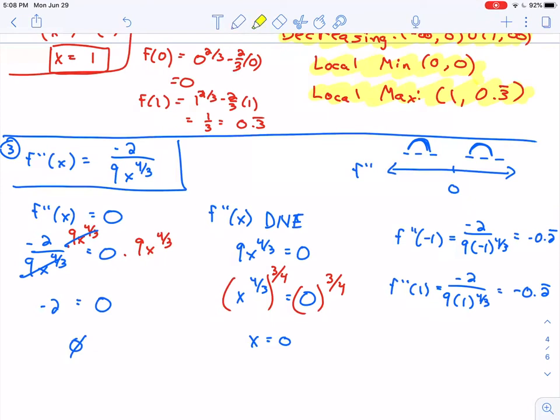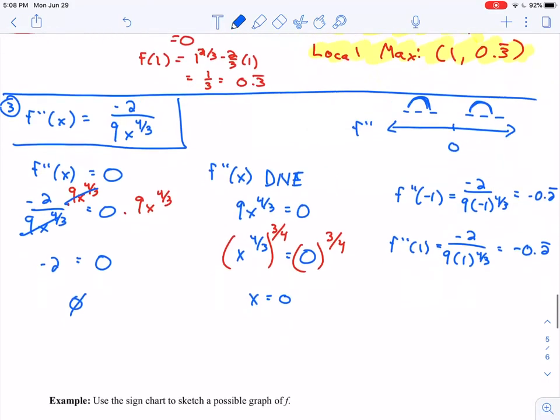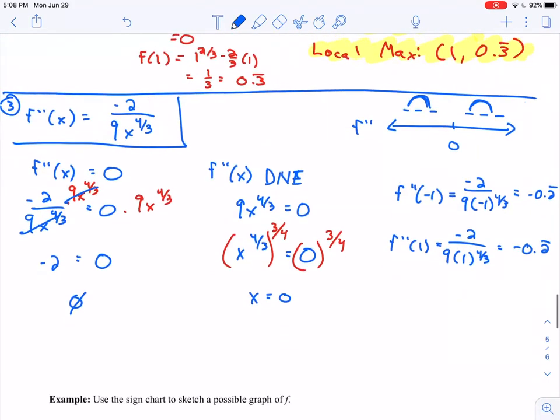So let's look at this. What is this telling me? Well, first of all, it's telling me it's concave down almost everywhere. Be careful you don't say everywhere. This graph is concave down on -infinity to 0 and 0 to infinity.